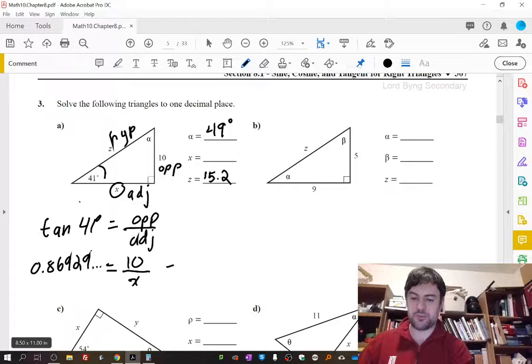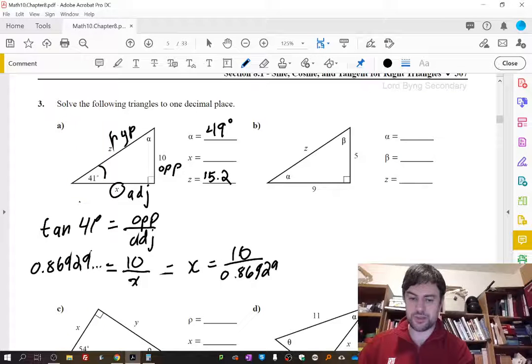Now I can cross multiply, and I get x equals 10 divided by that ratio, 0.86929. I'll just do that calculation.